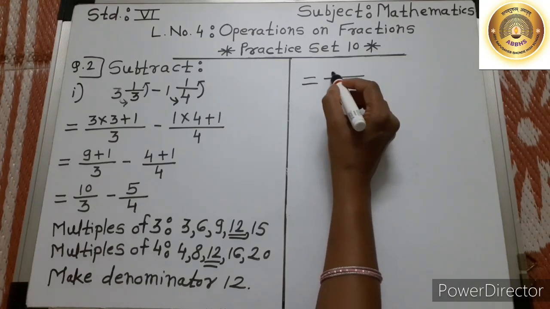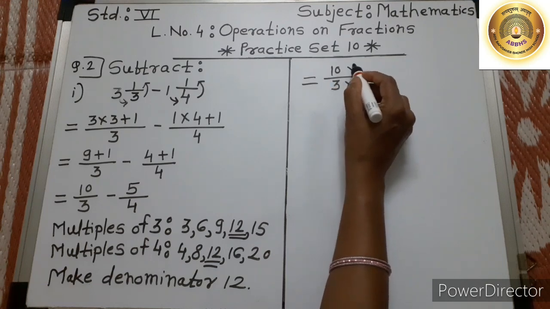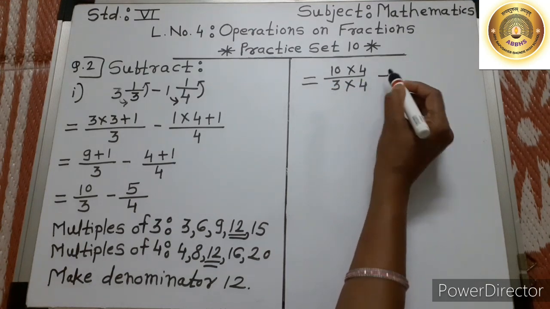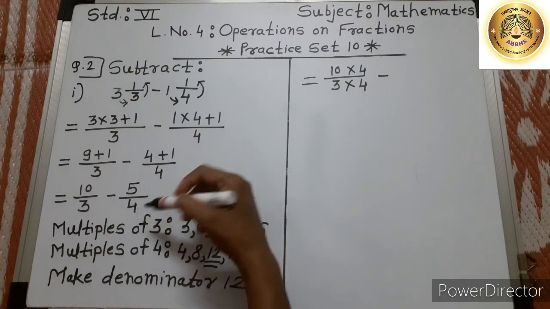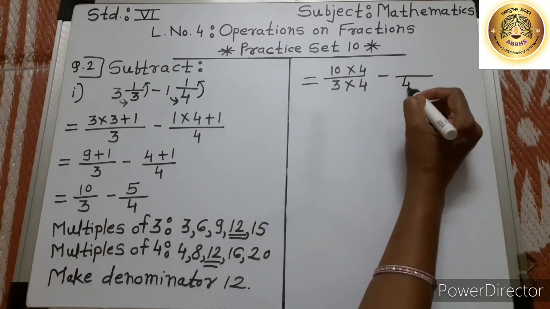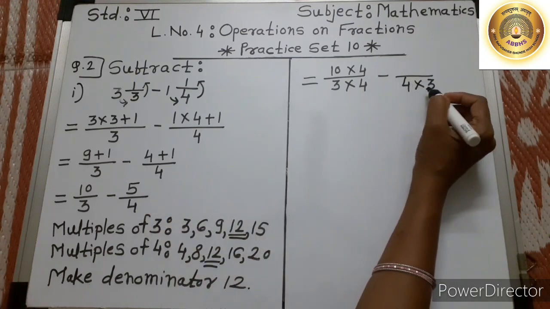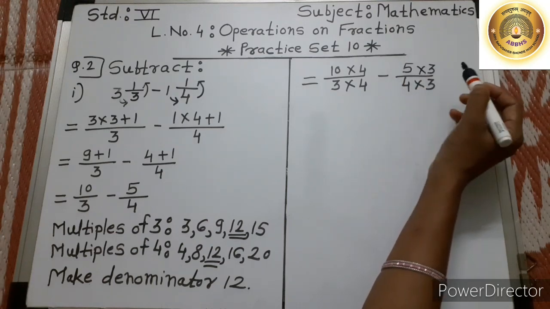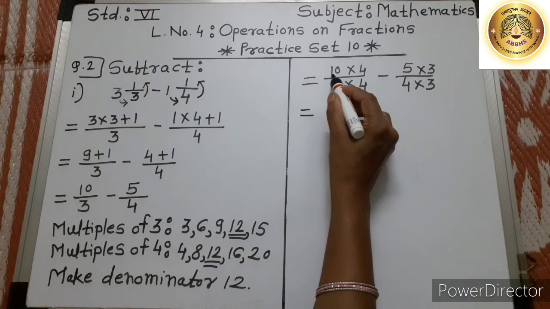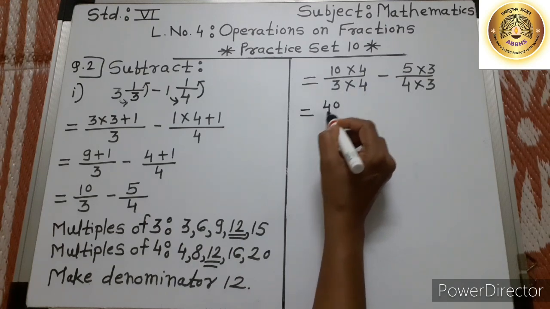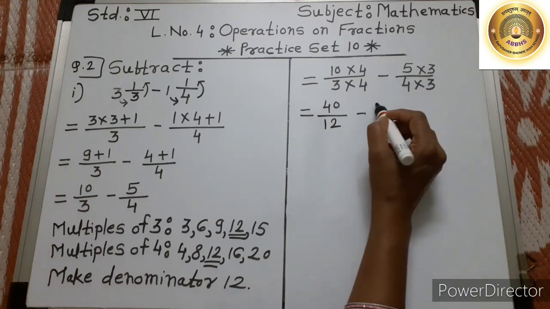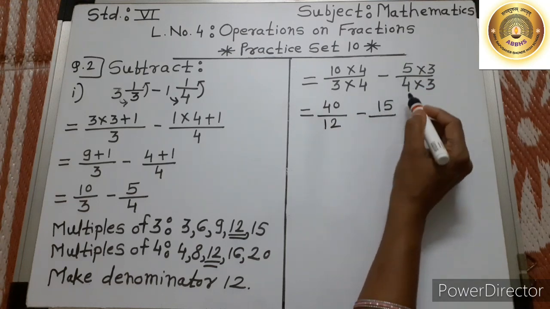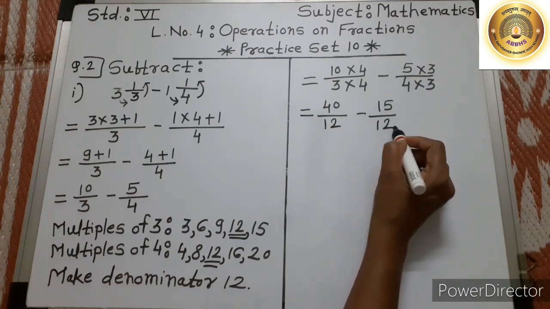The same thing is with numerator, 10 multiplied by 4. Minus 4 3s are 12. So 4 into 3, numerator 5 also multiplied by 3. 10 4s are 40 upon 3 4s are 12 minus 5 3s are 15 upon 4 3s are 12.